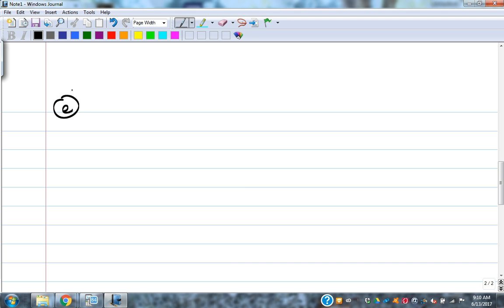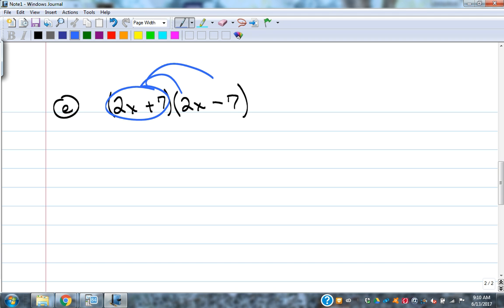Example E. Let's do this one. 2x plus 7 parentheses 2x minus 7. They look very similar, but not exactly the same in each parentheses. But it doesn't matter if they look the same or not. You're still doing the same work. You're taking whatever's in the front and distributing it to everything that's in the parentheses after it.